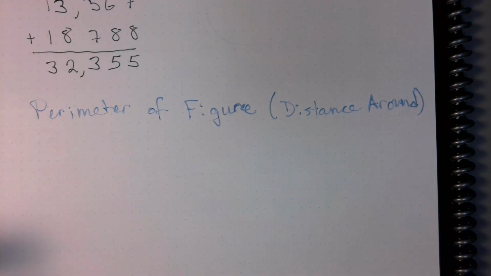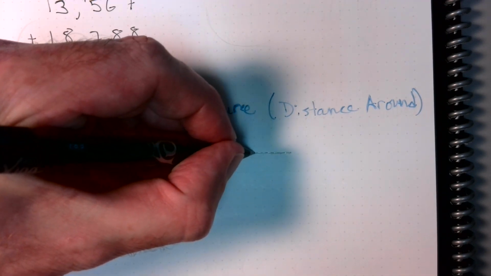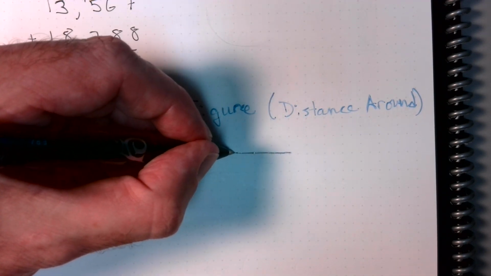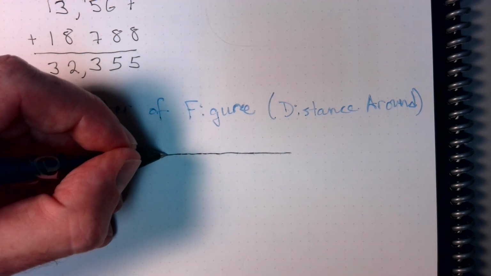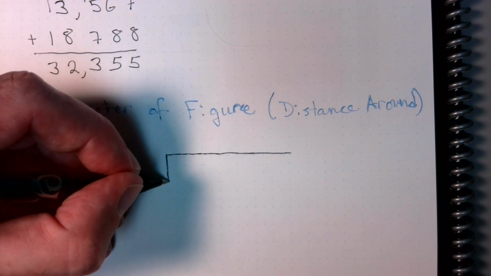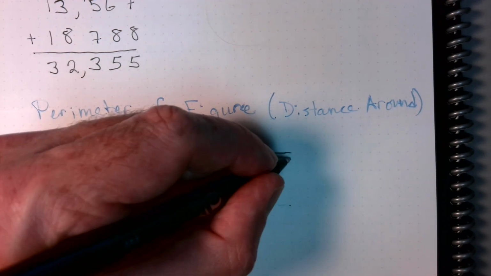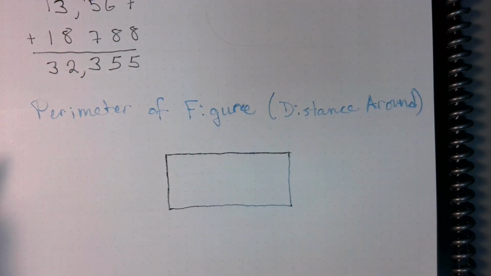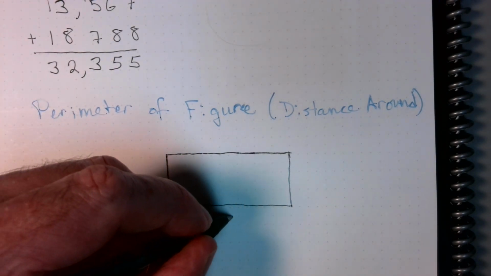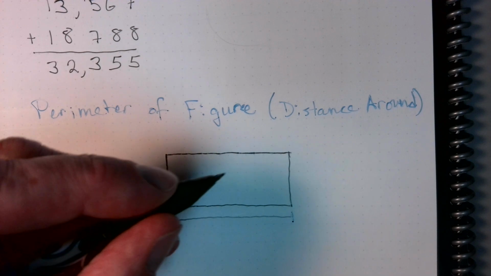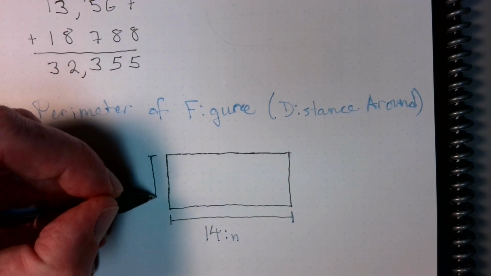So if we look at a quick example here, draw myself a little rectangle. Okay, let's imagine that this rectangle is 14 inches by 6 inches.